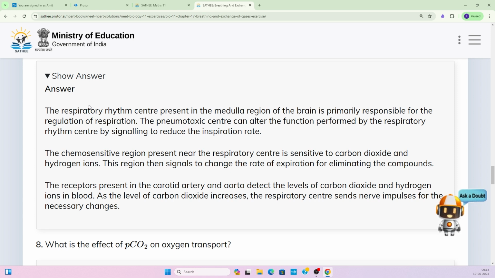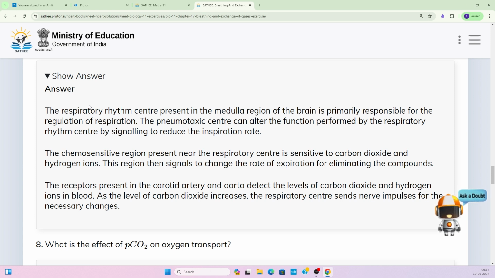The receptors present in the carotid artery and aorta detect the level of carbon dioxide and hydrogen ion in the blood. The aorta is one of the thickest arteries. So these can sense the level of carbon dioxide and the hydrogen ion present in the blood.